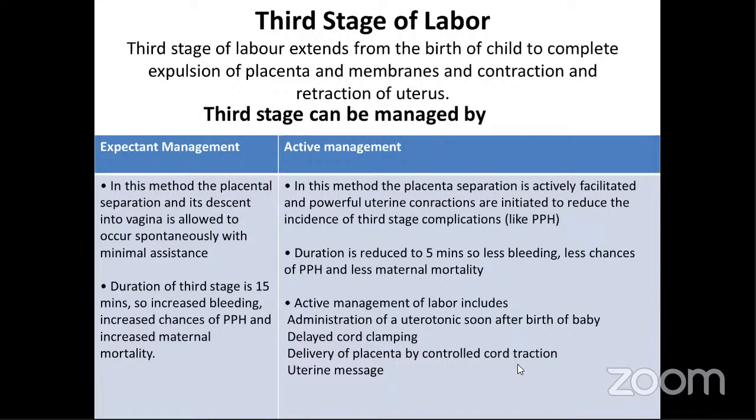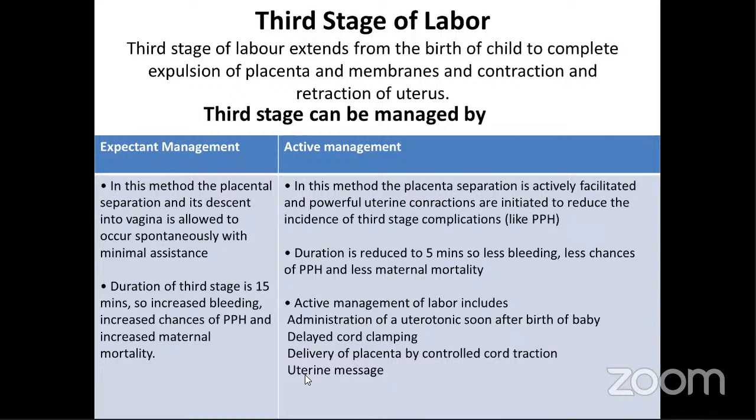That is the traction and countertraction method. Then you deliver the placenta, followed by uterine massage to help it contract and retract more thoroughly. Remember the steps of active management of the third stage: administration of uterotonic, delayed cord clamping, delivery of the placenta by controlled cord traction, and uterine massage.